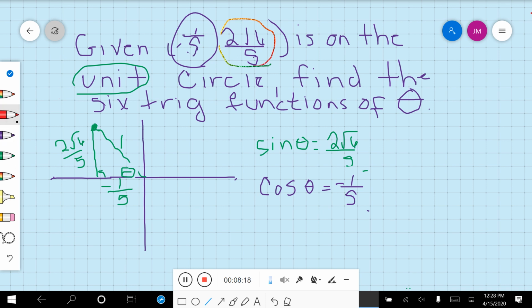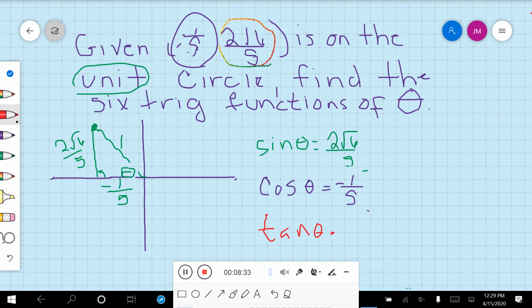Okay, then they're also asking us for the tangent of theta. Now this one may take a little work. The tangent is opposite over adjacent. So the opposite would be, I'm going to write over here for space, 2 root 6 over 5 over 1/5. So instead of dividing by 1/5, I multiply by 5 over 1.